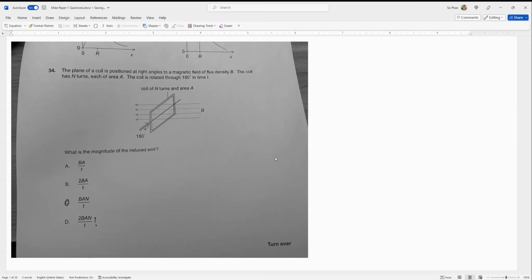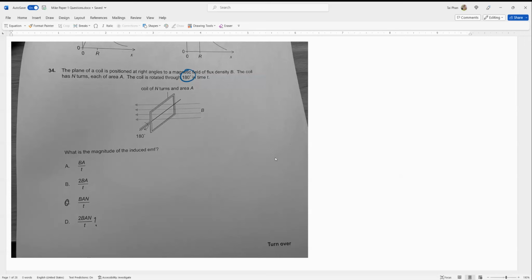Rotated through 180 degrees, meaning from this position rotate 180 degrees. Look at my hand here. Initially it is like this. The field is pointing toward the coil like this, and then I rotate this one 180 degrees. This is the magnetic field B. Rotate this coil 180 degrees, meaning flipping it like this.